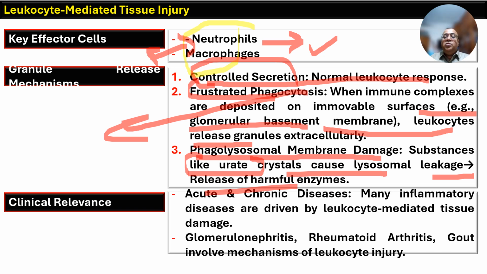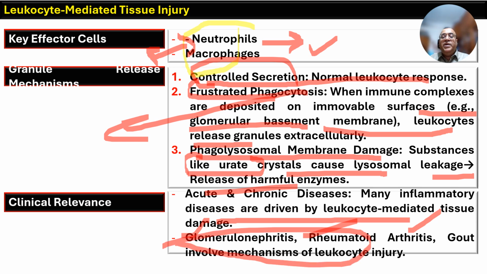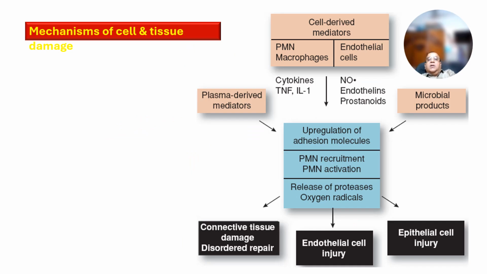So many inflammatory diseases are driven by leukocyte-mediated tissue damage, such as glomerulonephritis, rheumatoid arthritis, and gout. These induce various degrees of injury to the surrounding tissue. This flow diagram shows the mechanism of cell and tissue damage.